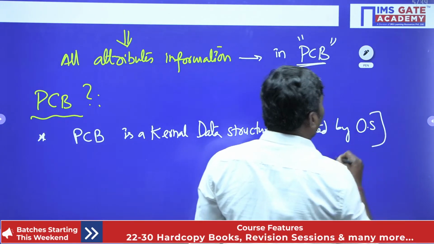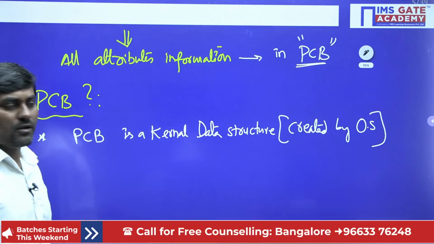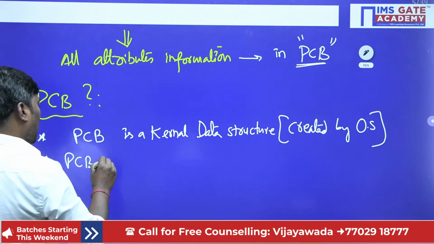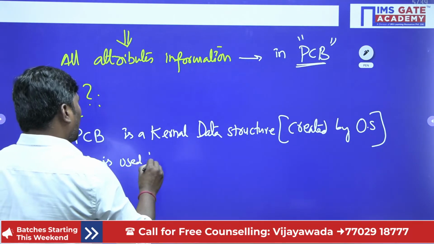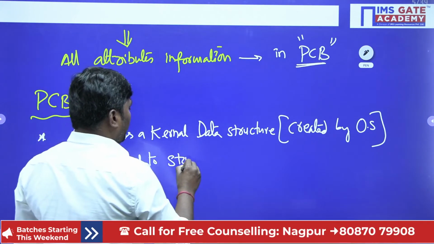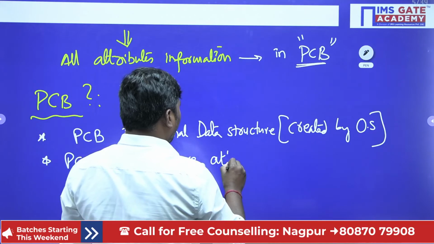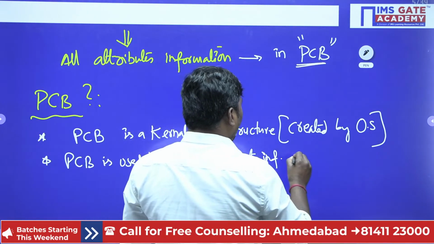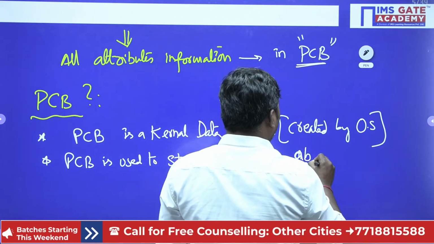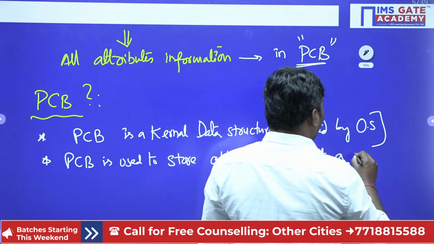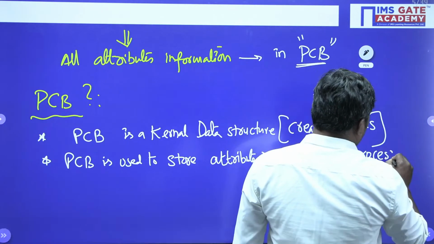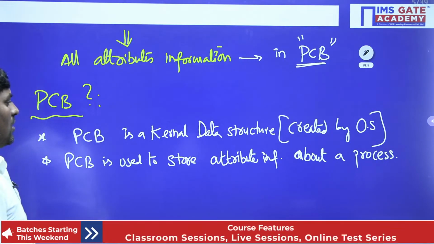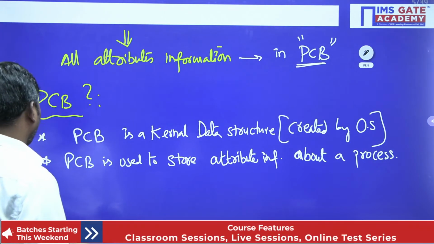Clear? What is the purpose? The purpose is simple: the PCB is used to store attribute information about a process. Please understand.